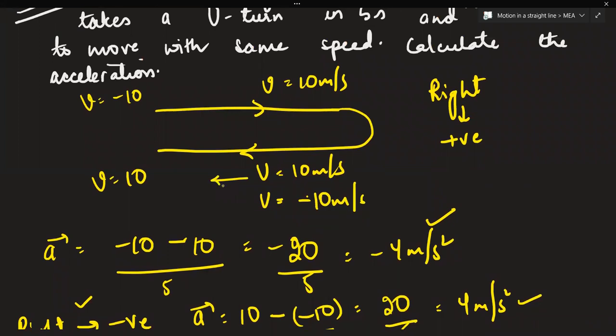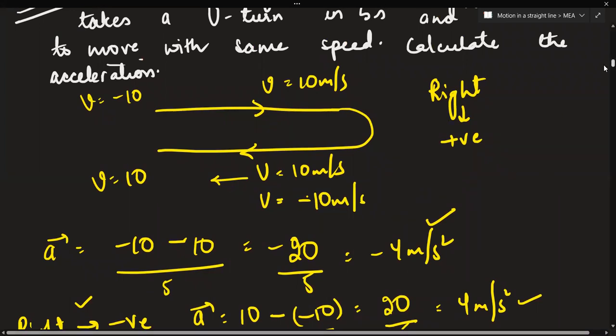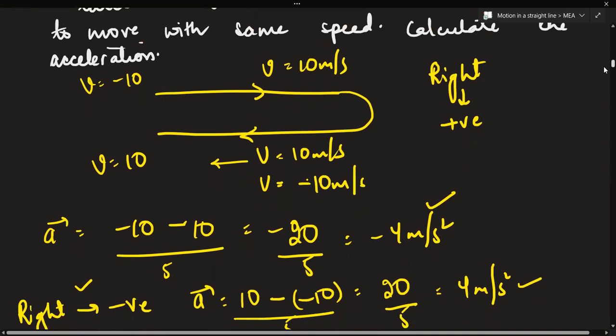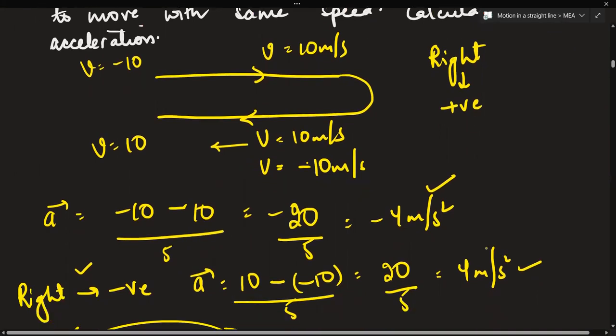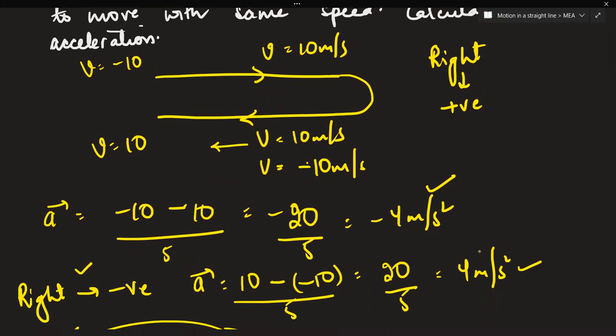Why towards the left side? Because the right side only we took as positive. Even if you take right as negative, then the answer will be 20 by 5, that is 4 will come positive, and this will show you that this is again towards the left. So if you choose right as positive, you get minus 4, pointing towards the left.